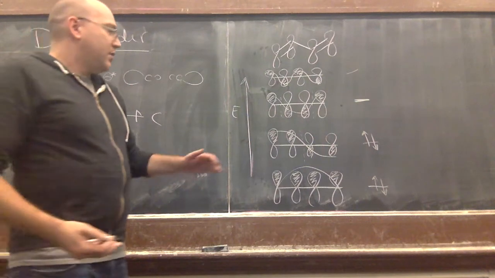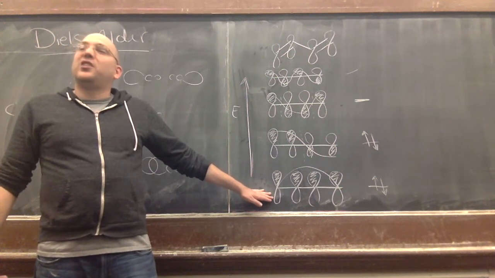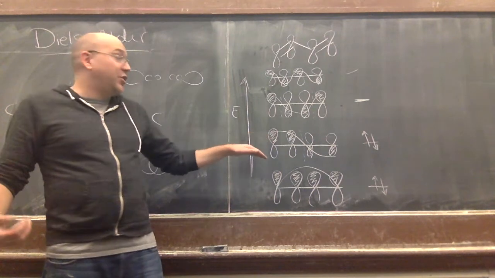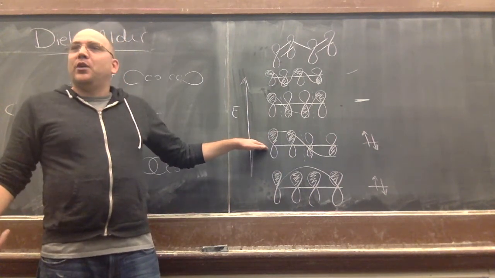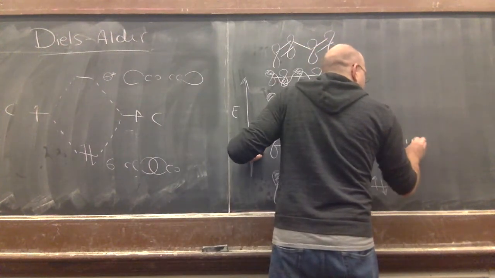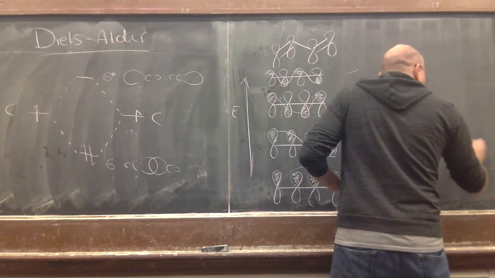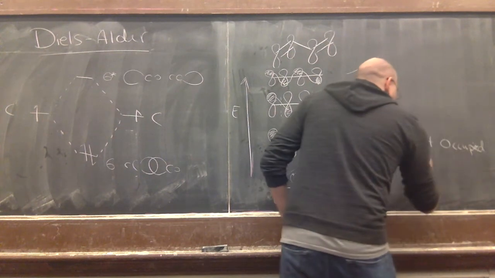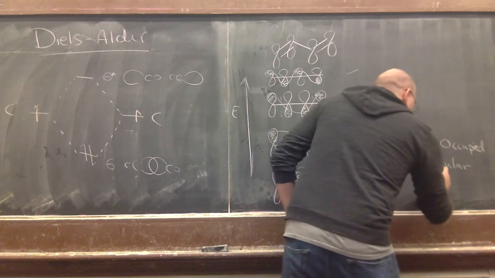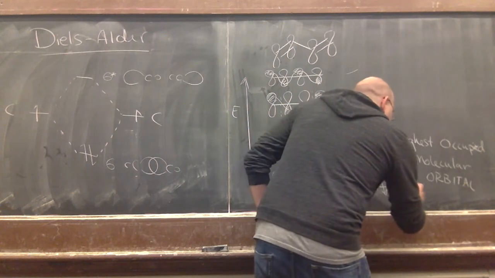The lowest? I'd say so, because they're all lined up next to each other, but they're in the lowest energy. What's going to want to attack? The higher energy, but there needs to be something there. So it's what we call the highest occupied molecular orbital, abbreviated to HOMO.